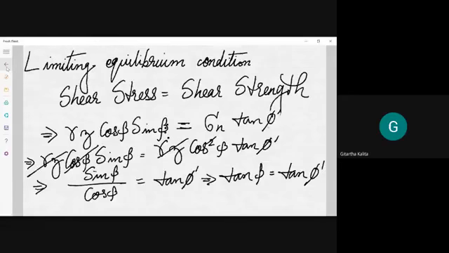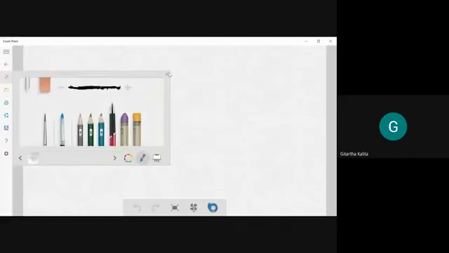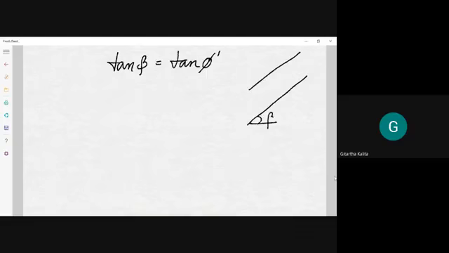Now from here, tan beta is equal to tan phi dash. Beta was what? If this was the slope, this is the beta. So when there is limiting equilibrium, we get beta is equal to phi dash. In the limiting equilibrium, the angle of the slope is equal to the angle of internal friction.